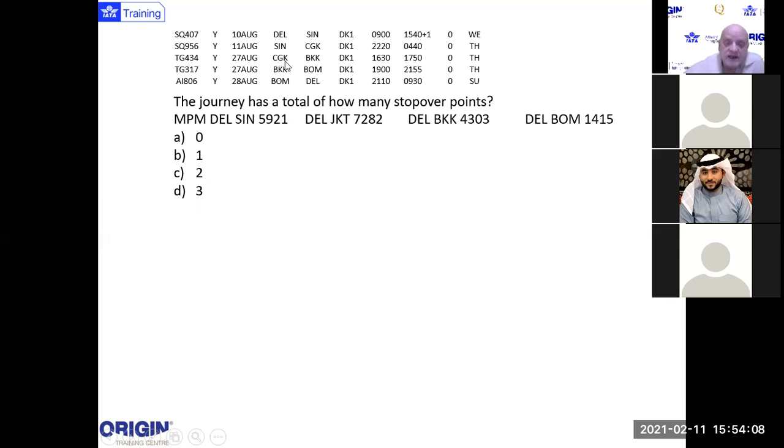So Delhi to Singapore, 10th, Singapore to Jakarta, 11th. Do you think that's a stopover or a transit? Transit. And we're looking for stopover, so that doesn't count. Okay, Jakarta, that will be a stopover.